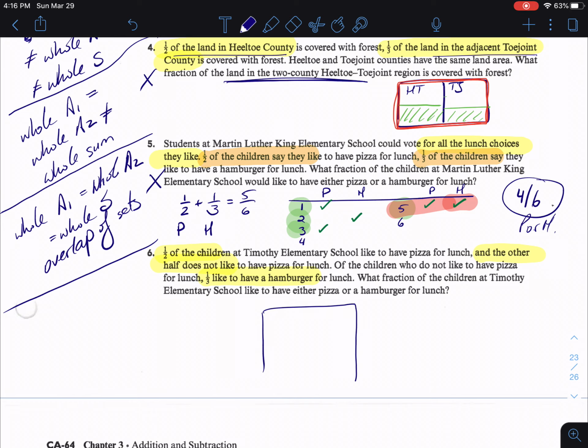This is the Timothy Elementary School kids, all in here. Half of them like pizza. Now, of the kids who do not like pizza, so of the kids on the right, 1/3 of them like hamburger.